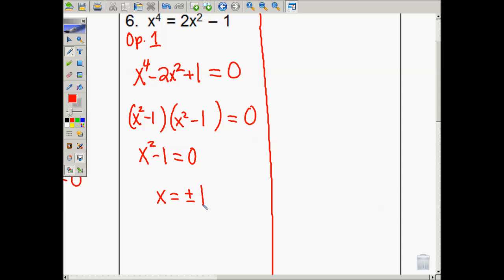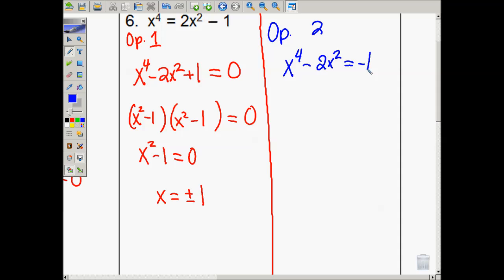Way number 2. So your option number 2 of doing the problem is you could have just gotten your variables on one side. So I would have x to the 4th minus 2x squared equals negative 1.